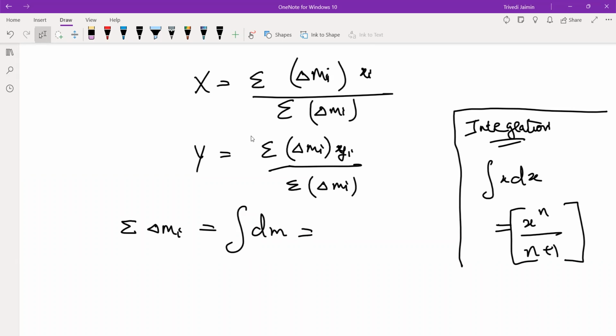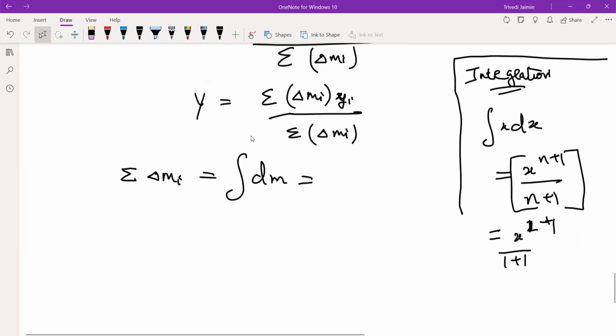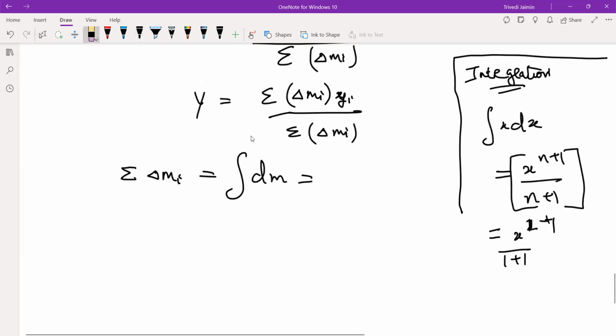Here n is 1, so it will be x to the power 1 plus 1 by 1 plus 1, so x to the power 2 by 2.